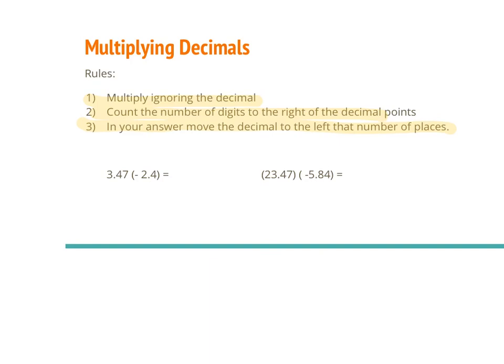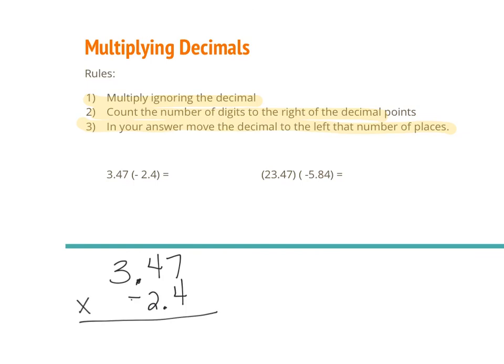And we're going to work 3.47 times negative 2.4 first. Notice when I write that problem that I am not lining up my decimal point.